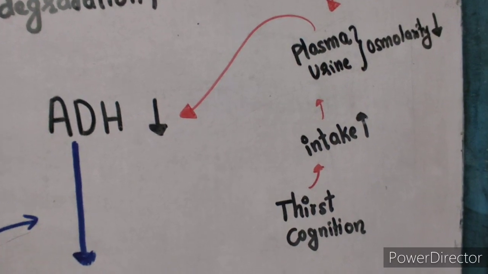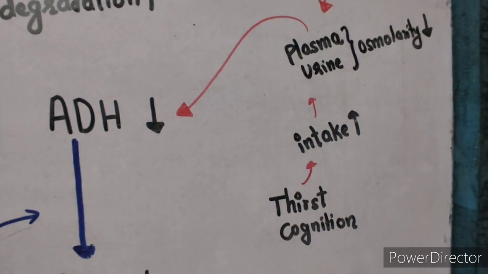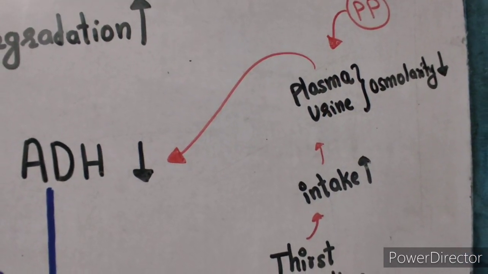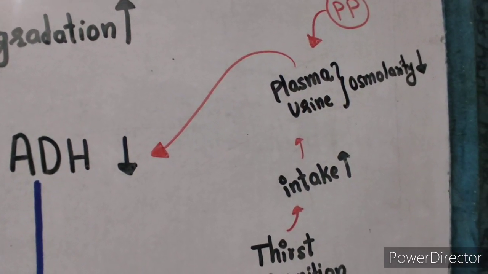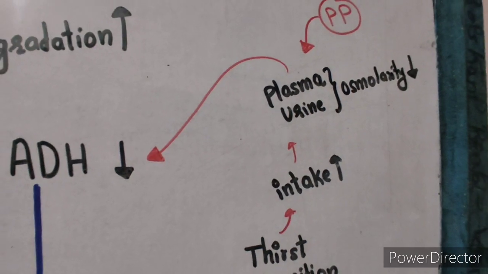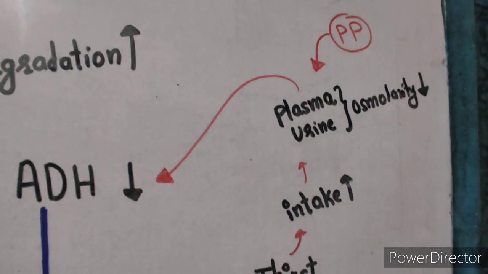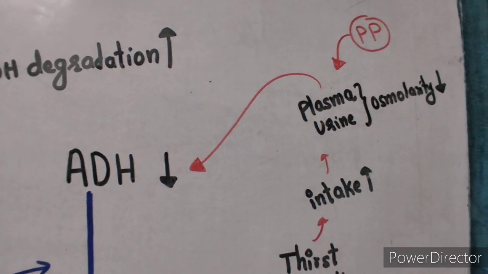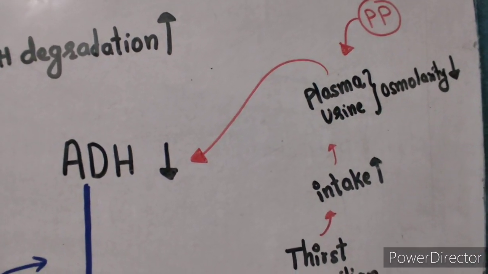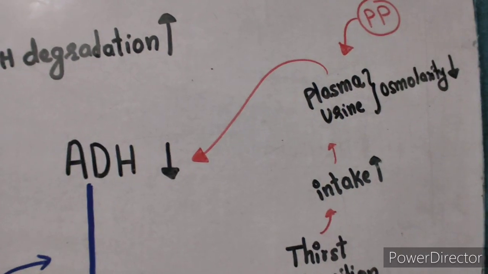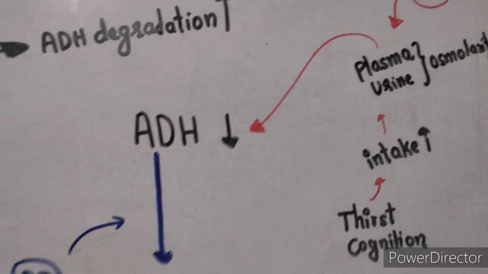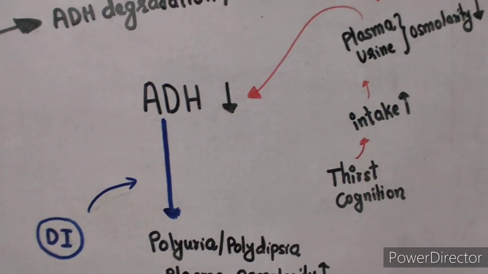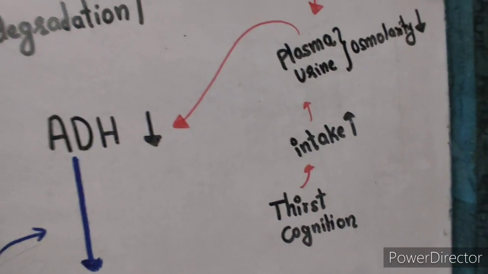Because of excessive intake of fluids, plasma will be diluted, that is, plasma osmolarity will decrease, and urine osmolarity will also decrease because of dilute urine. Because of decreased plasma osmolarity, antidiuretic hormone will decrease, because we know that increased plasma osmolarity increases ADH and decreased plasma osmolarity decreases ADH. So in diabetes insipidus, decreased ADH is causing the problem, and in primary polydipsia the end result is decreased ADH.